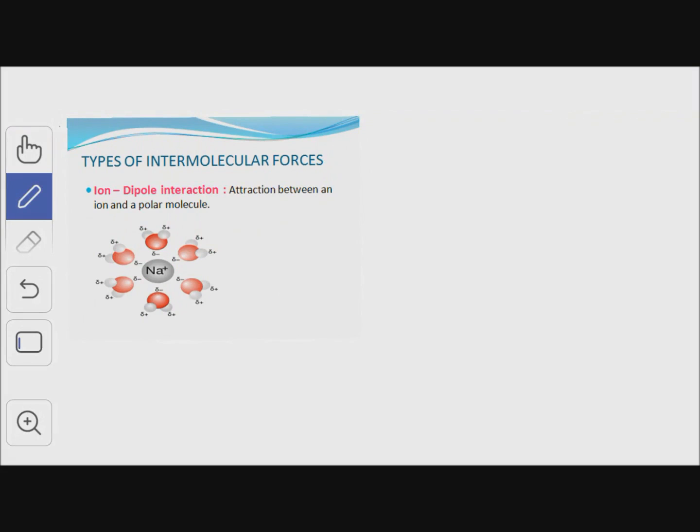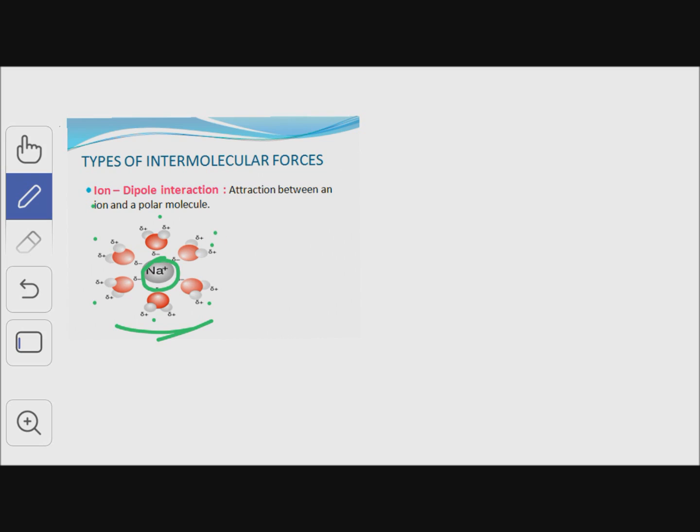Next is ion-dipole interaction. It is the attraction between an ion and a polar molecule. For example, hydrated cation. In this example, a sodium cation is surrounded by water molecules. The red spheres represent the oxygen, which carries partial negative charge, and hydrogen carries partial positive charge.